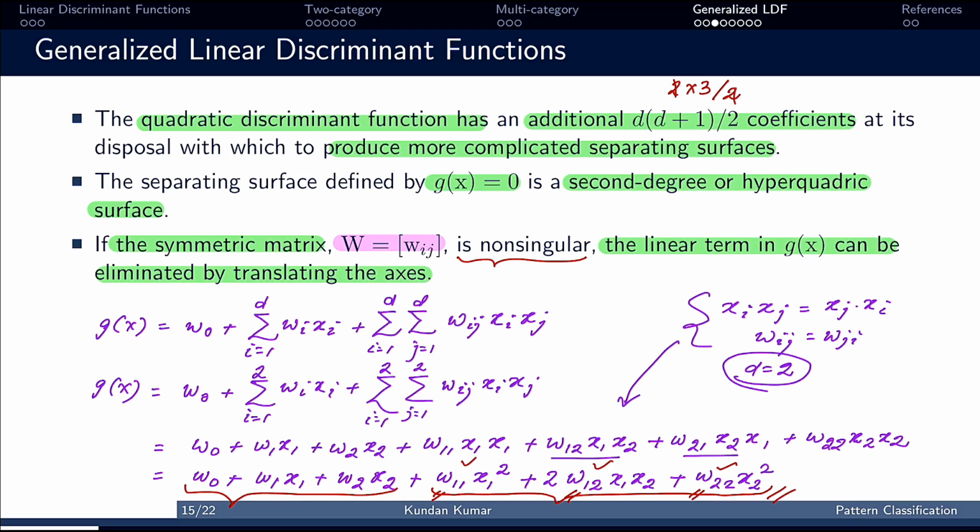So we can do some manipulations with this matrix and we can eliminate the linear term by translating the axis.